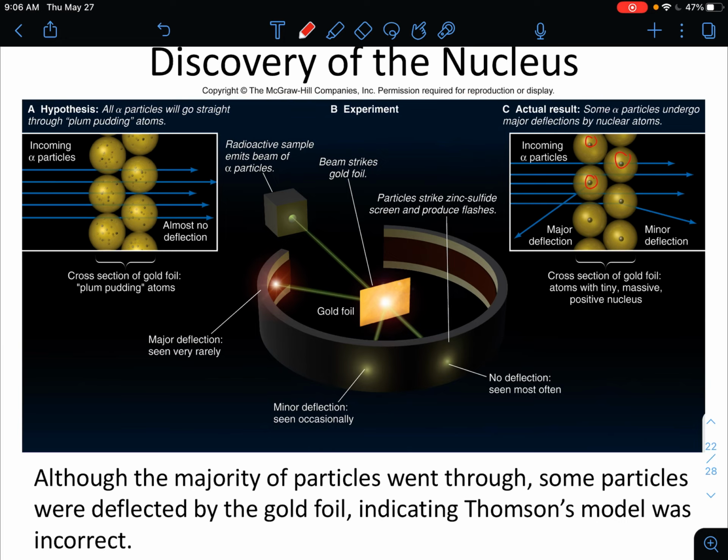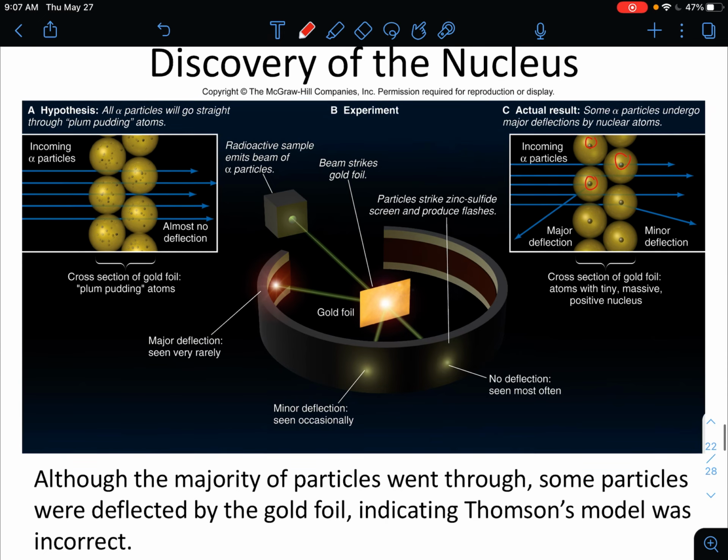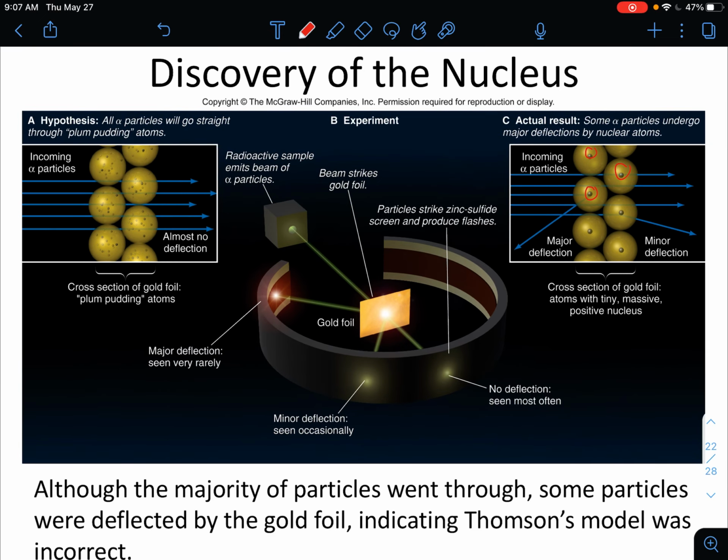The only rational explanation for the alpha particles not all going through is that they encountered something of greater mass that deflected them back out. This leads to the proposal of the atomic nucleus, which is a much more accurate version of the atom and a lot closer to the model we're going to stick with for the upcoming chapters.